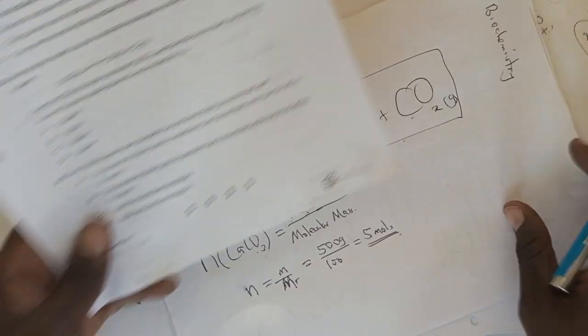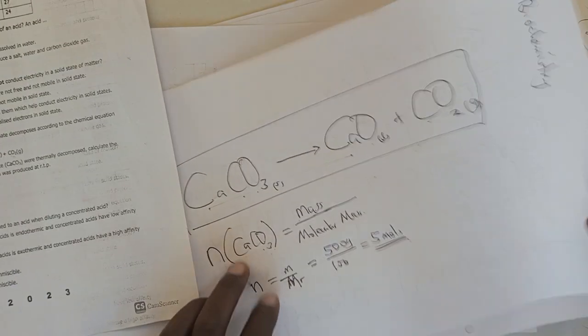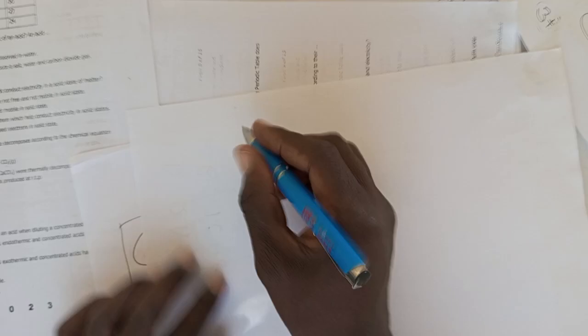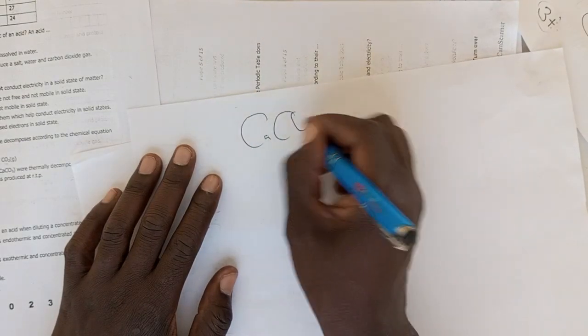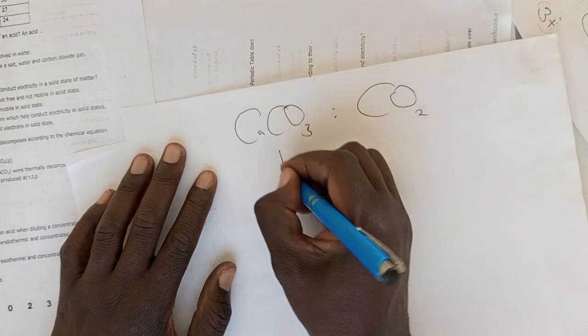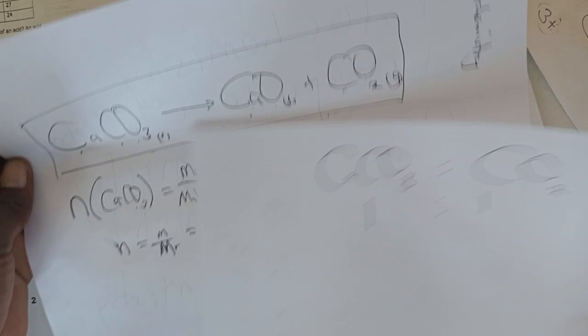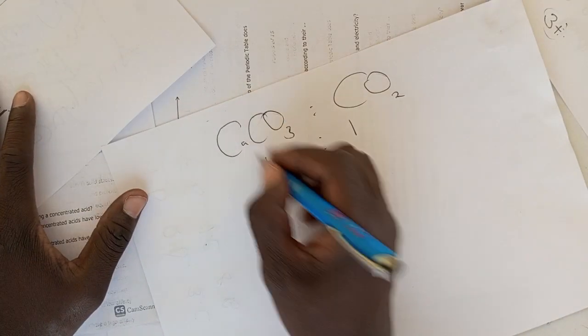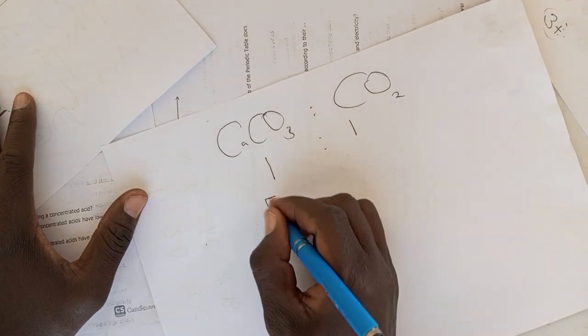So this is how we're going to do it. We get calcium carbonate to carbon dioxide. The mole ratio is 1:1 because the equation is already balanced. So at this point, we say how many moles have been produced by calcium carbonate? 5 moles.